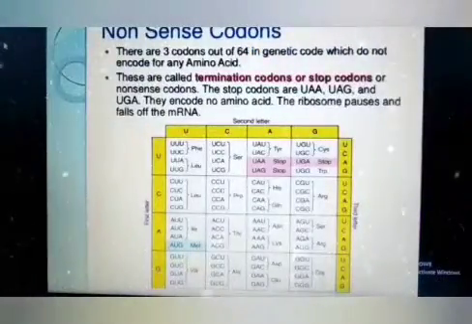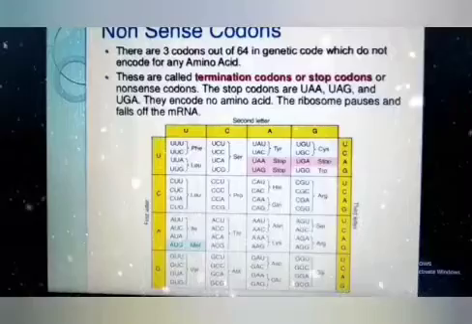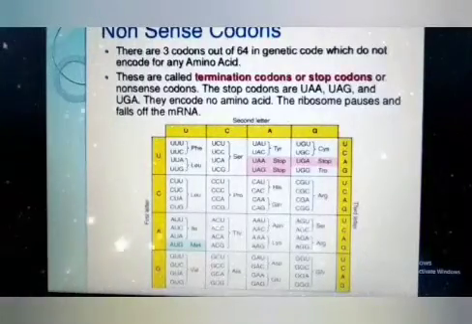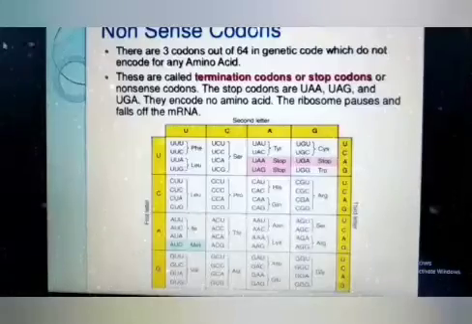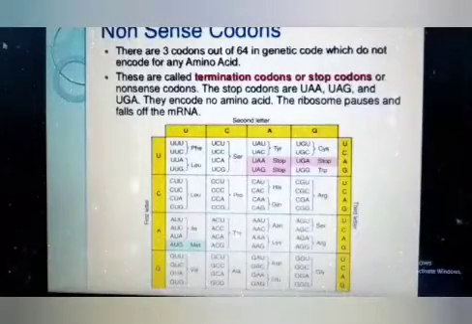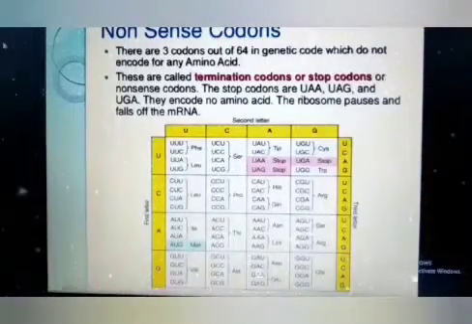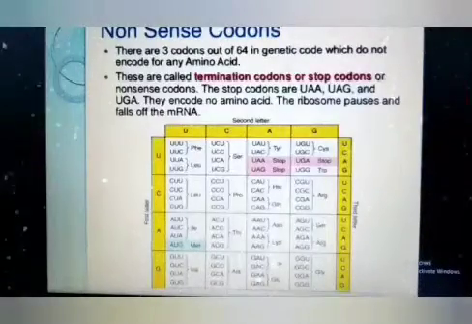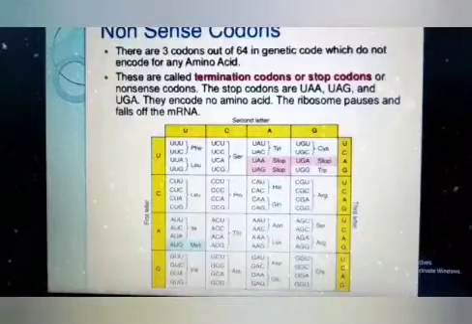Next is the nonsense codon. There are 3 codons out of 64 in the genetic code which do not encode an amino acid. These are called termination codons, stop codons or nonsense codons.